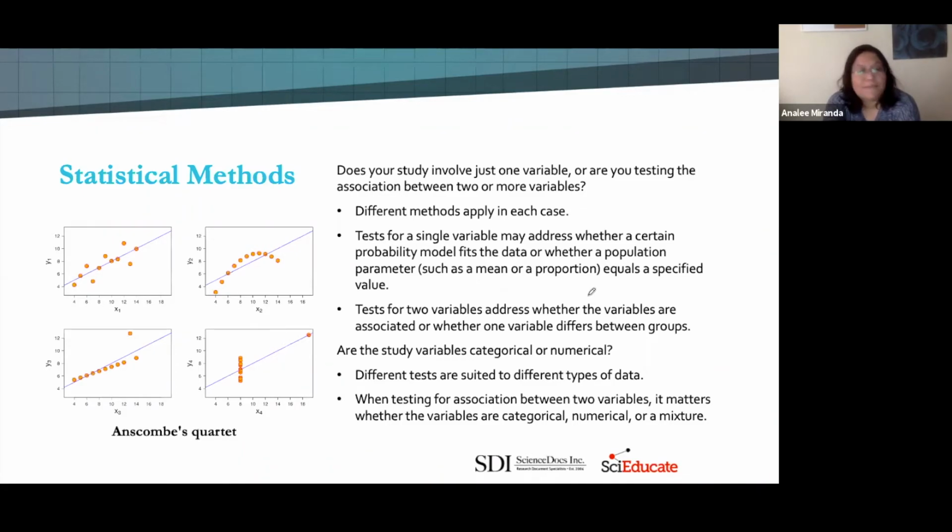The different methods can apply in every single case. There are tests for single variables that could address whether a particular probability model fits the data, or whether a particular population parameter equals a specified value. There are tests for different variables, for 2 or 3 or 4. You have to think about if the variables are categorical, numerical, if they're mixed.